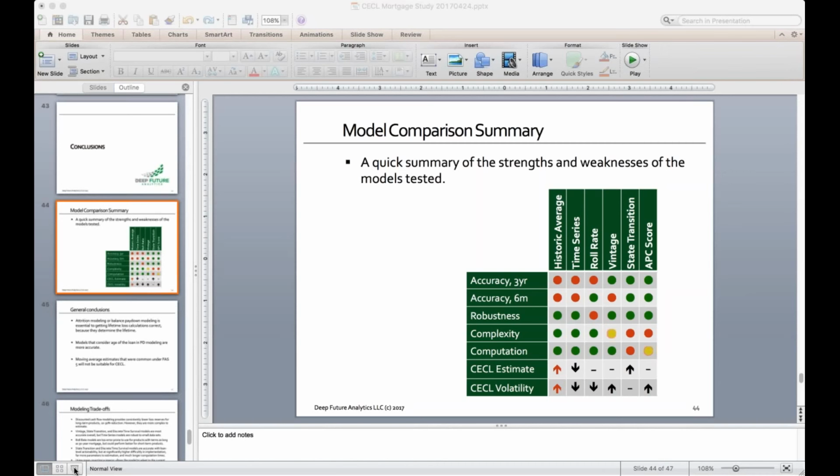Can you speak to the data needed for the different models? That's a good question. I will start with all of these models except the historic average are trying to correlate to economic factors. And it's easy to tell from testing that you need one economic cycle in order to get a decent economic model.